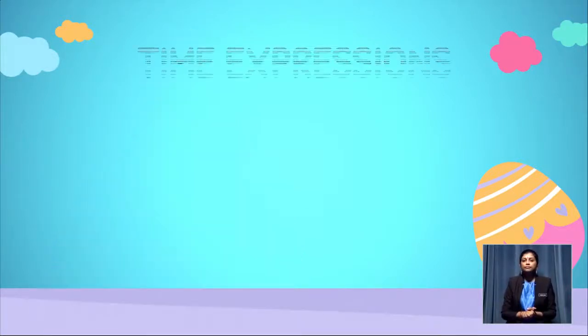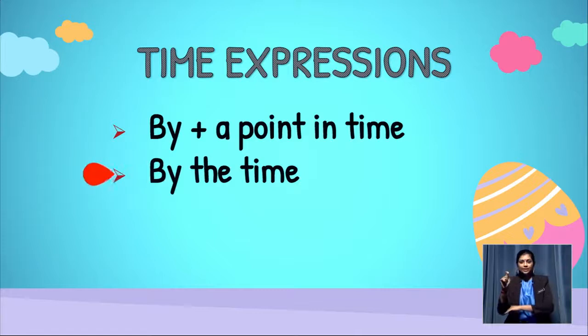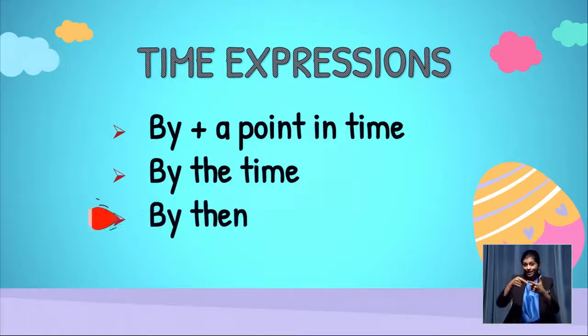The word by is very common in this form to show that the action will be completed before a future time. Some of the other common time expressions are by plus a point in time, by the time, by then, and before.